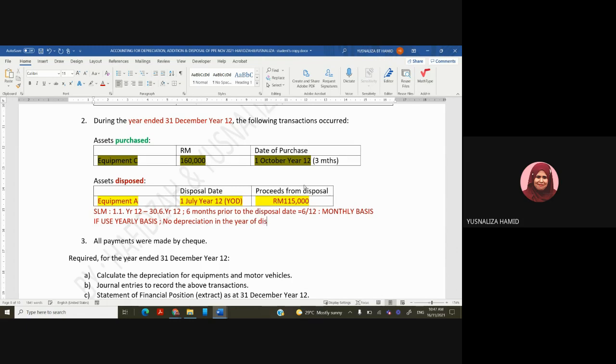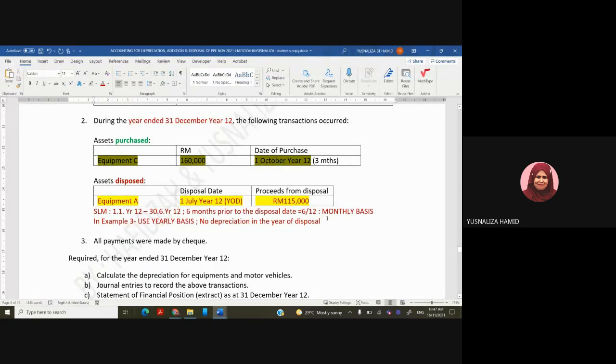For monthly basis, there will be depreciation in the months that it was still with you. So example 3 uses yearly basis, and no depreciation in the year of disposal.